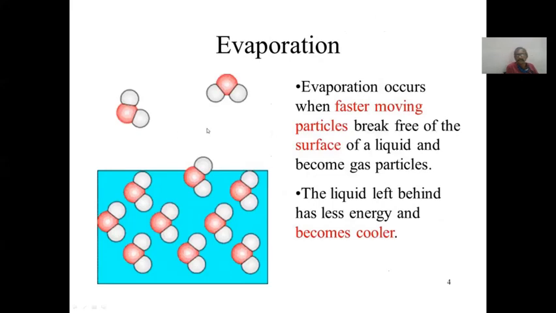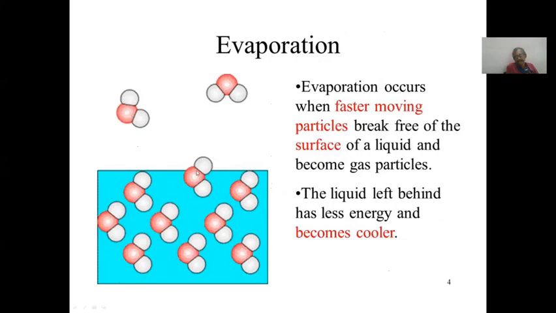So this is one basic subject. I would like to recall what you understand from the term evaporation. If you take still water, when water particles gain energy, then they rise up and become vapor.